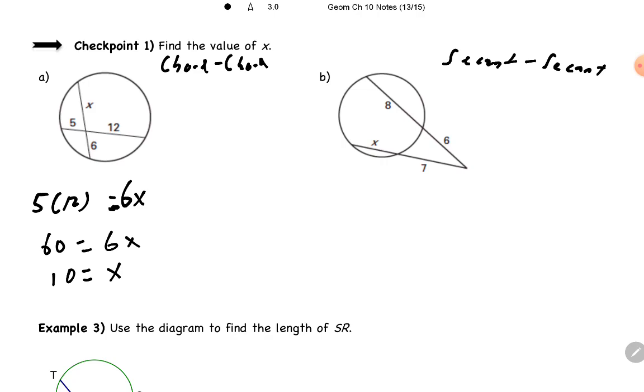Part B, whole piece, which is 8 plus 6, times the outer piece, 6, is equal to whole piece, x plus 7, times small piece, 7, or the outer piece.